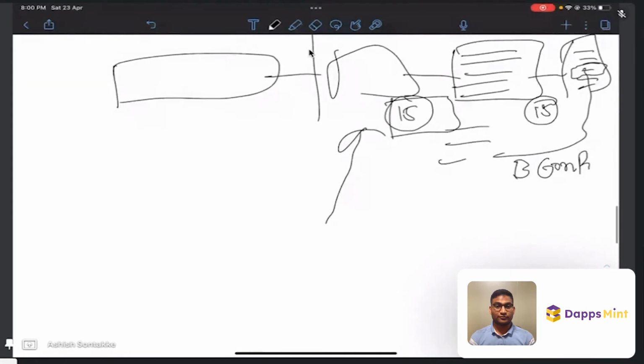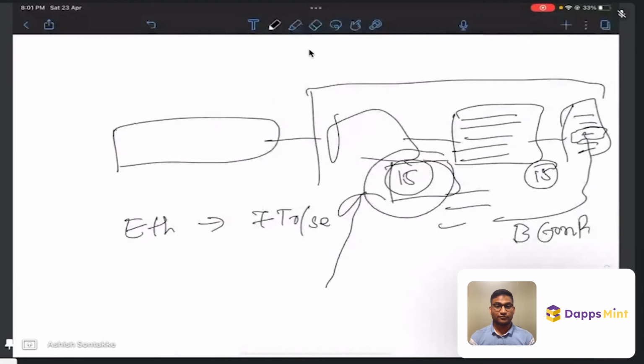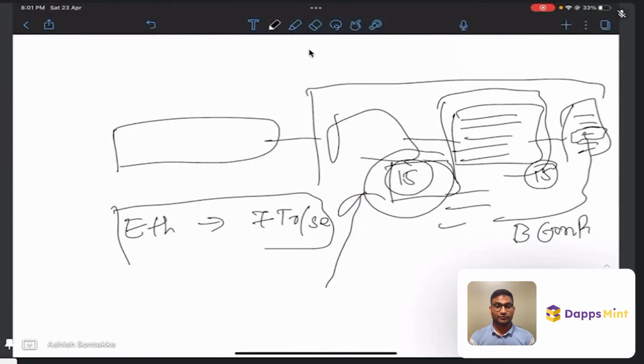For example, Ethereum has a 7 transactions per second limit. Because we are adding a block every 15 seconds, and we can only add a few transactions per block, Ethereum can only confirm 7 transactions per second. That is the rate.